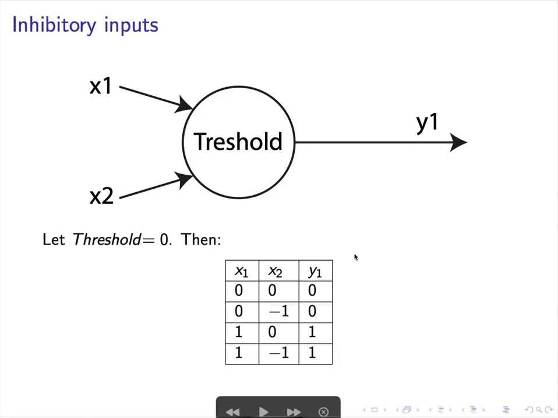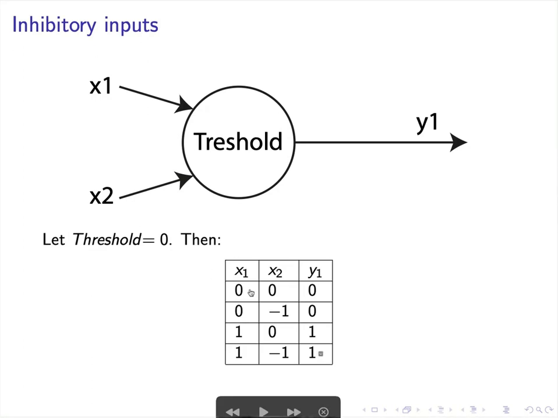So they started thinking about more and more complicated models. In this case, let the threshold be 0. What can we do? Well, we can have this type of behavior.